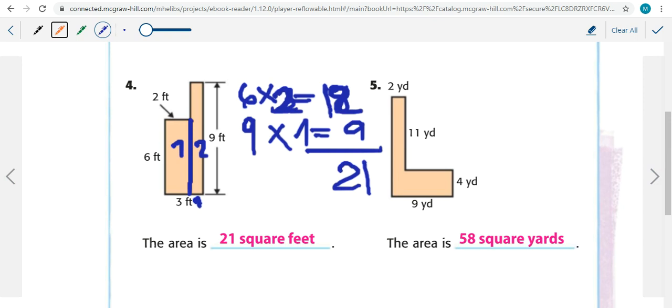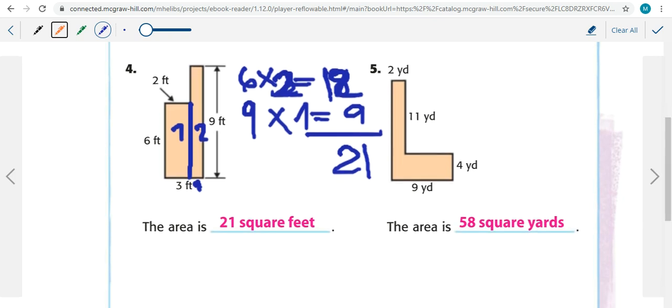Number 5. We are going to decompose this composite figure like this. Okay? Let's find the area of the first one. 9 times 4 is 36.